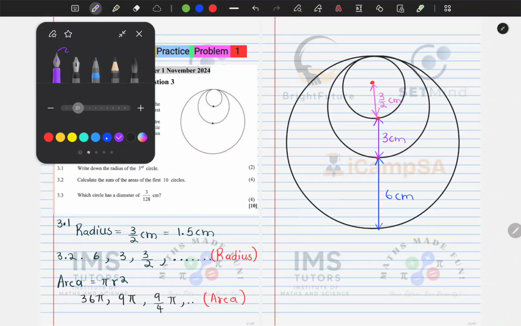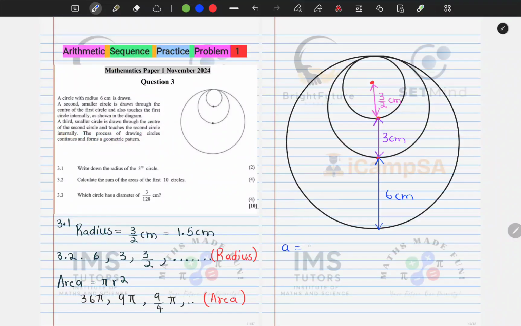That is the next thing. Looking at the areas, we can clearly see that A, which is the first term, will be 36 pi. And then let's see if R is going to work. So we'll have 9 pi over 36 pi. That will be.